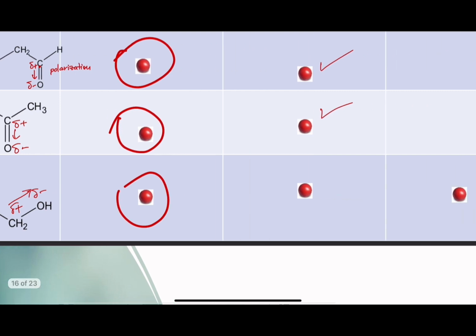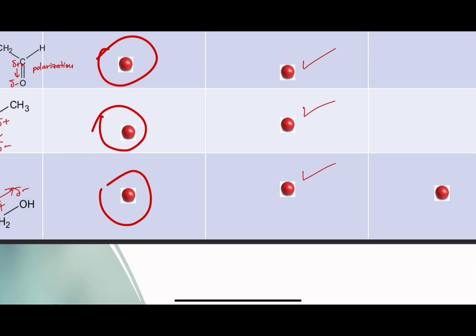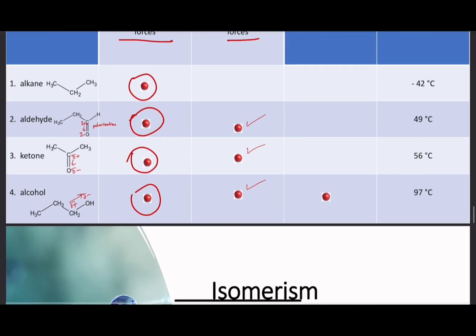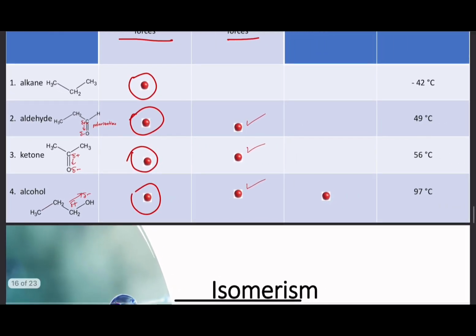So alcohol has dipole-dipole too, but the thing is alcohol's hydrogen bonding is so strong that this van der Waals force, dipole-dipole and London dispersion, don't make that much of a difference, okay? This hydrogen bonding makes all the difference.